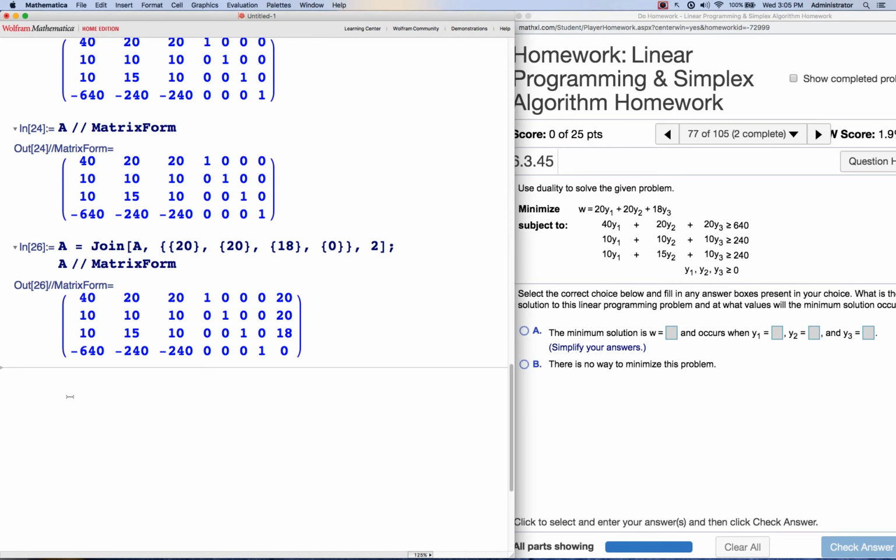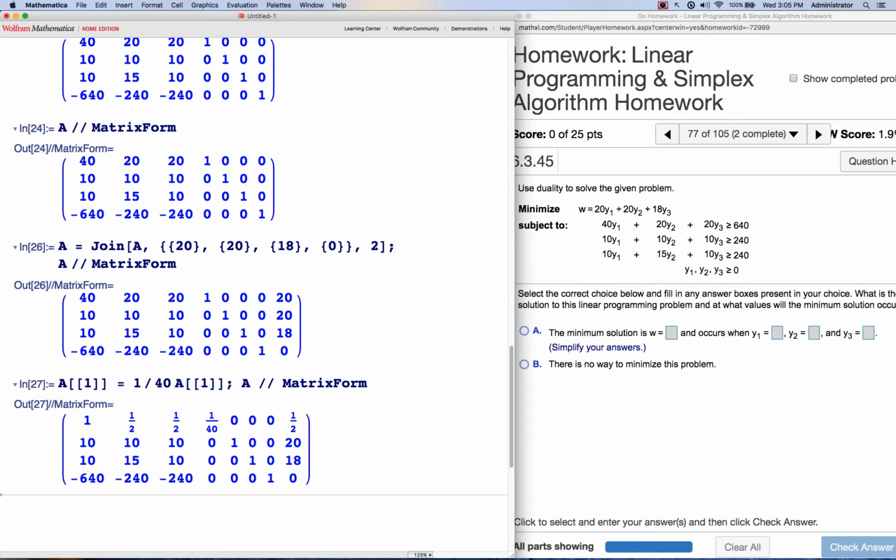Okay, so let's do it. The first row is equal to 1 over 40 times the first row. Okay, fantastic. And then we need to remember we're using Gaussian elimination. So the 10 has to become a 0, the 10 has to become a 0, the negative 640 has to become a 0. Okay?